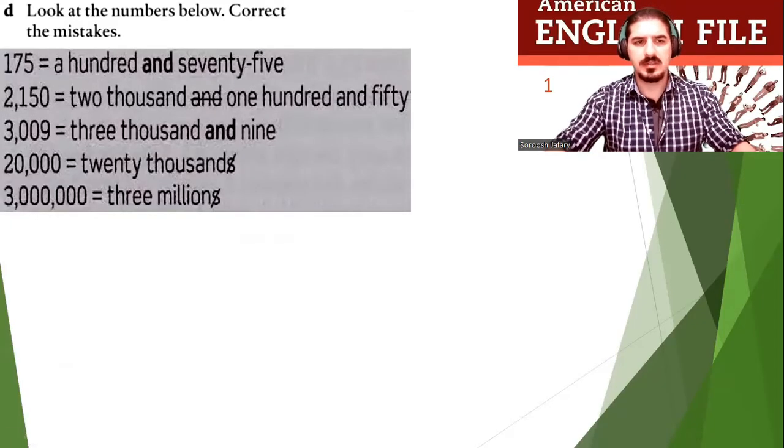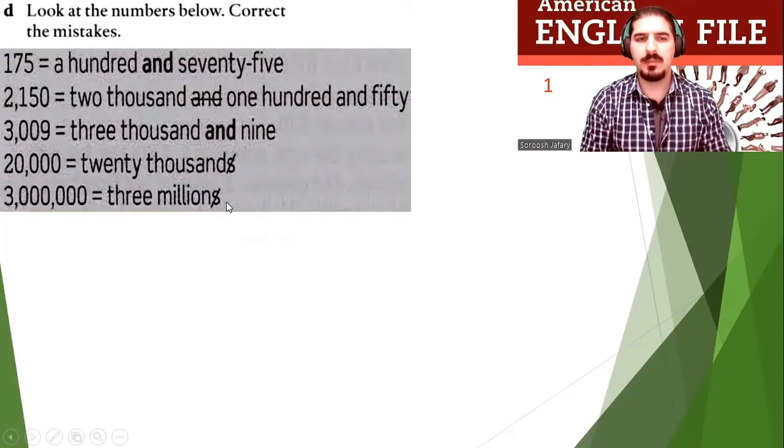So these are the answers. 175, 2,150, 3,009, 20,000. You don't write thousands. And 3 million. You don't write 3 millions. All right? All right, pay attention.